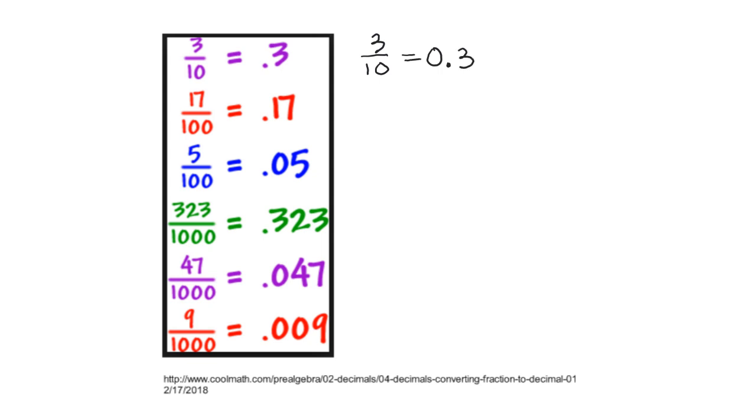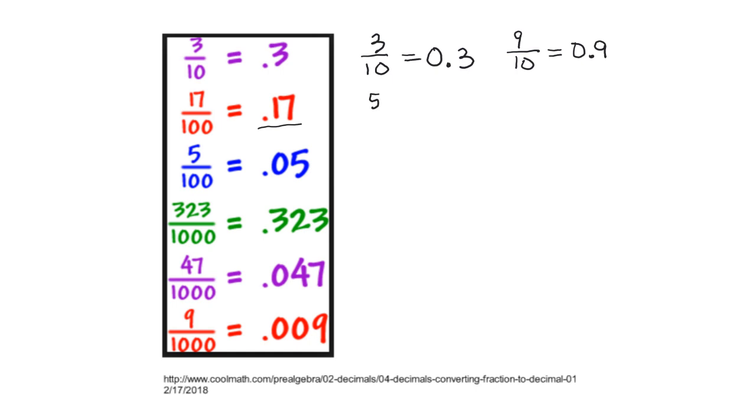Again, if we had even, let's do a 9 over 10, you would say that as 9 tenths. So you can take this fraction and easily translate it into a decimal, right? So as long as the denominator is a multiple of 10, this is easy to translate into a decimal. You have your 17 hundredths, so that becomes decimal 17.